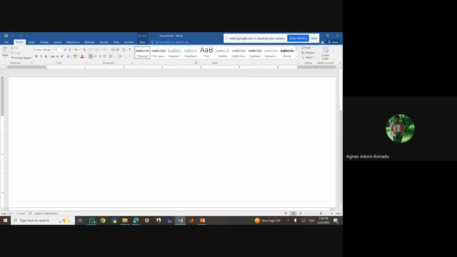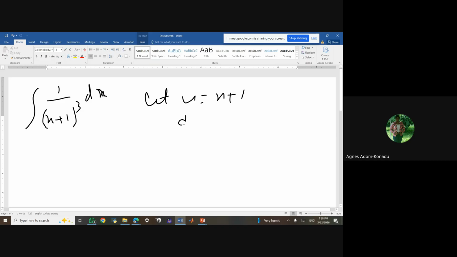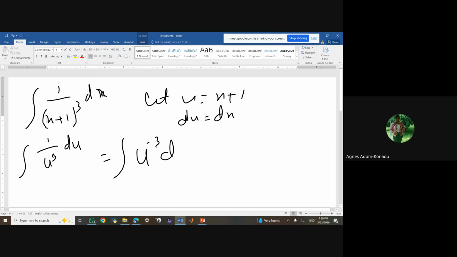So we want to integrate 1 over (x plus 1) to the power 3 dx. So you let u be x plus 1, then your du will be equal to dx. Then I come back here, this will be the integral of 1 over u to the power 3 du, which is the same as the integral of u to the power minus 3 du. Then by the integration, this is u to the power minus 3 plus 1 over minus 3 plus 1.